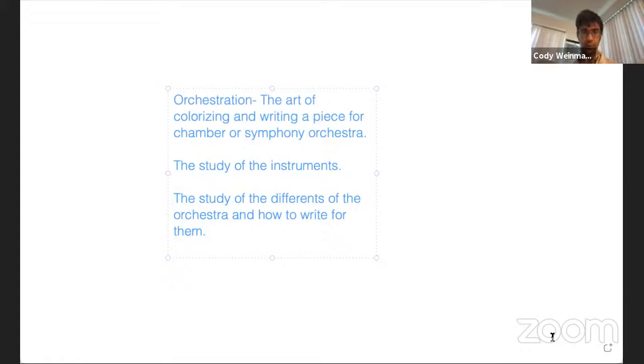Okay, so the first one that we want to take a look at is flute here. I'm going to go ahead and swap my screen out here.